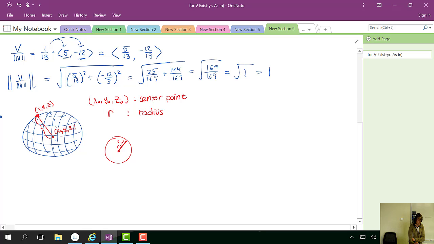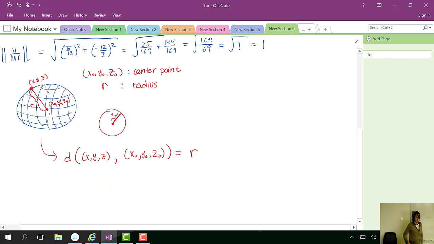Okay. So what that leads us to say is that the distance between a point on the surface and the center, distance between 2 points, has to equal the radius. And from here, it's actually just using the distance formula. So how does that apply here?